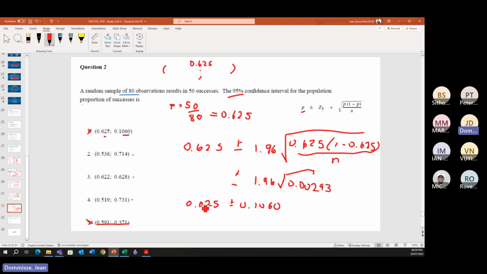So 0.625 plus 0.106 is 0.731, and on the lower end it will be 0.519.